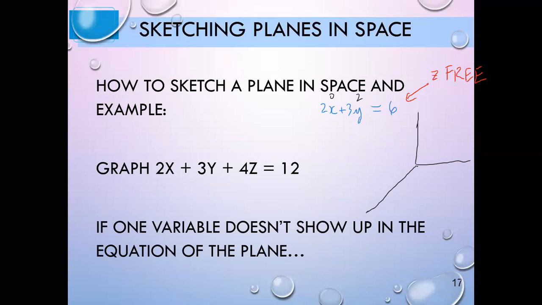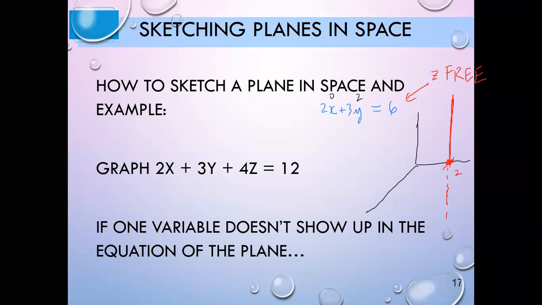Does that make sense? So here's the point 2, anything, and really, you understand, any Z value at all is going to be legitimate, yeah? So I can kind of go like that, okay?